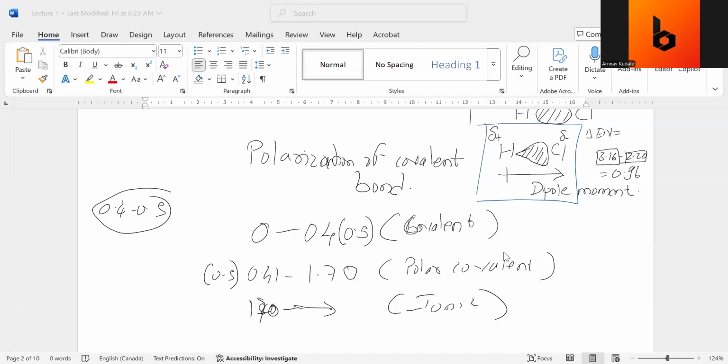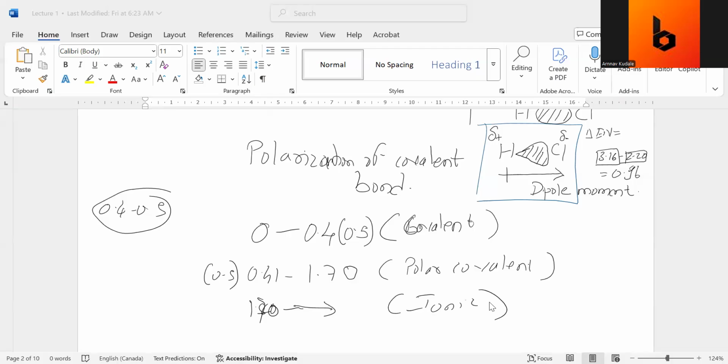But if the difference is 1.7 and higher, which is generally the difference between metals and non-metals, the electron is completely moving to the electronegative atom.